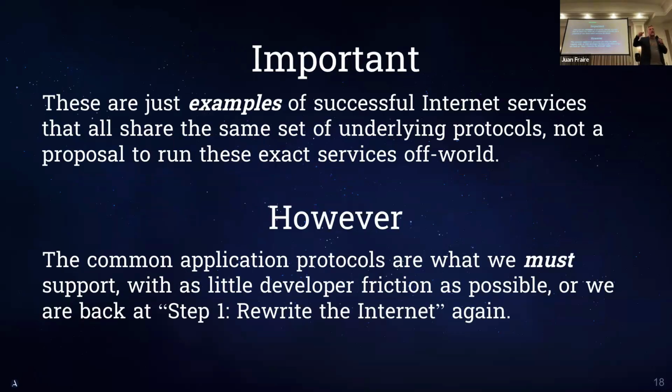But the underlying protocol services that all of those applications that generate billions of dollars on Earth run on are protocols that we need to be able to support, because that's what engineers know and love. And if we can't support the things that those services use, then we're going back to rewriting the internet again.